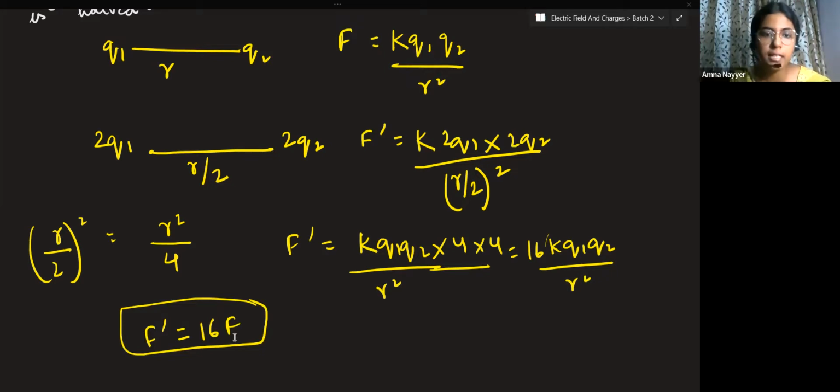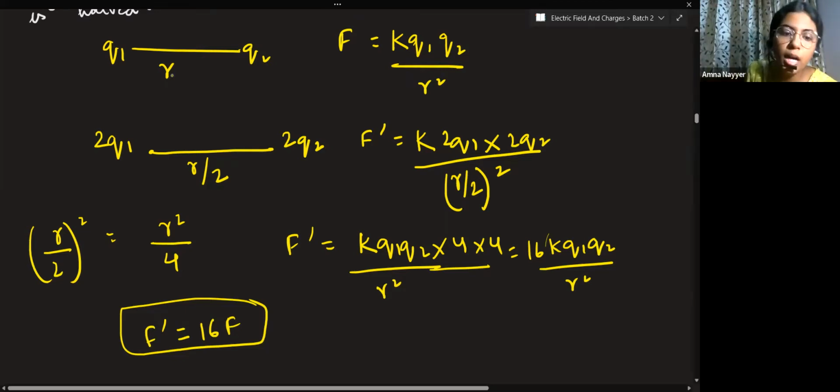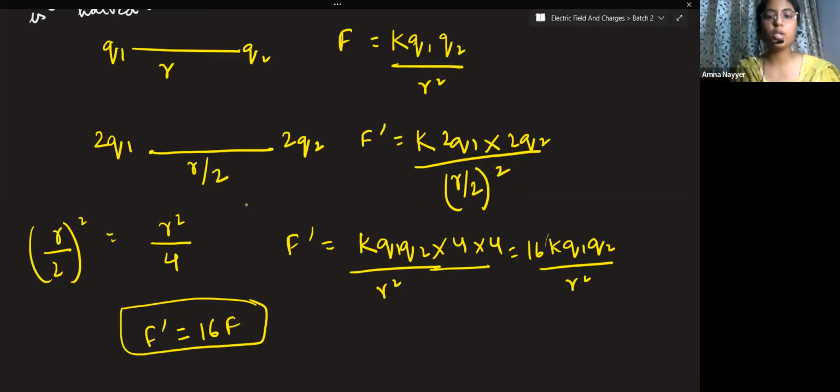Fatima, I'm explaining again. See, Q1, Q2 are separated by a distance r. So I have written it as F is equal to K Q1 Q2 divided by R square. Now the charges' magnitude have been doubled, so it will be 2Q1, 2Q2. And the separation between these two charges has been halved, so it won't be R, it will be R by 2.